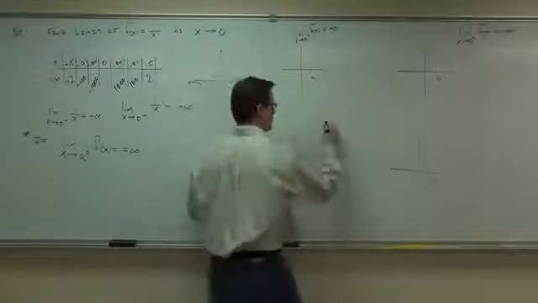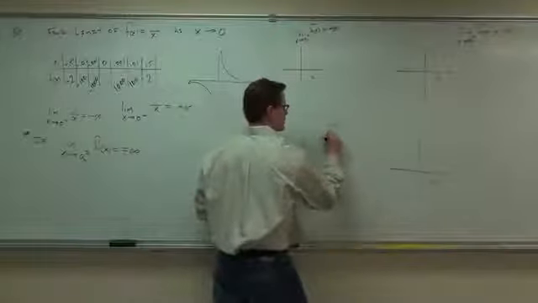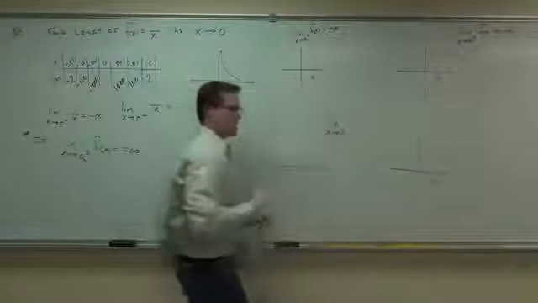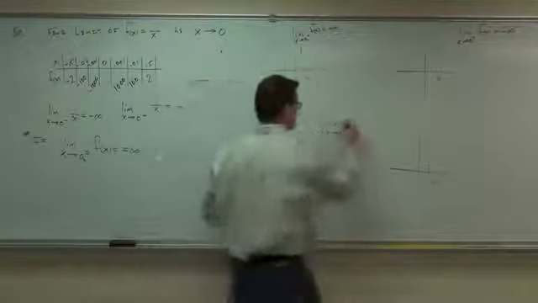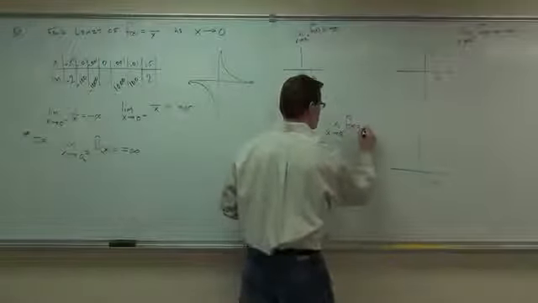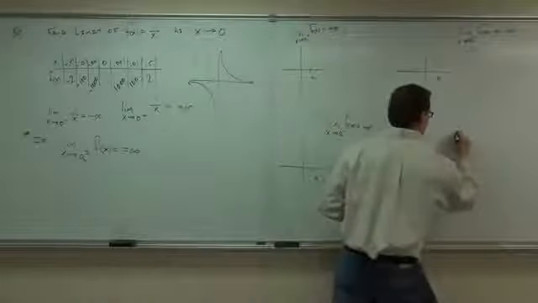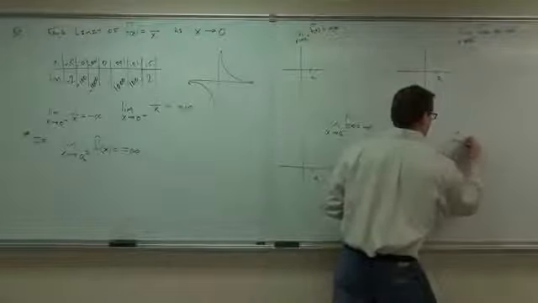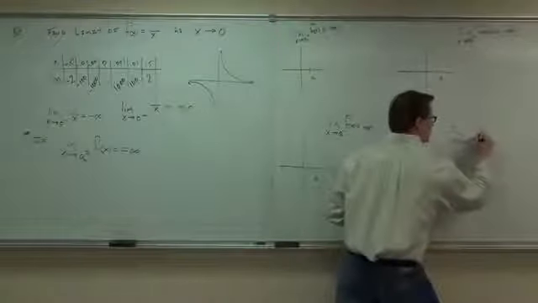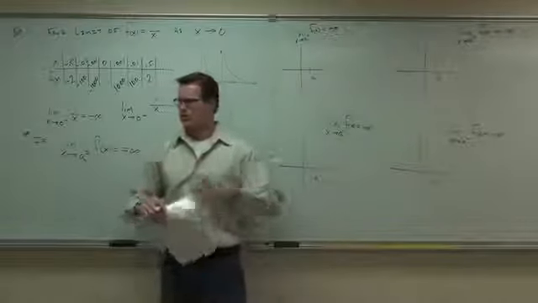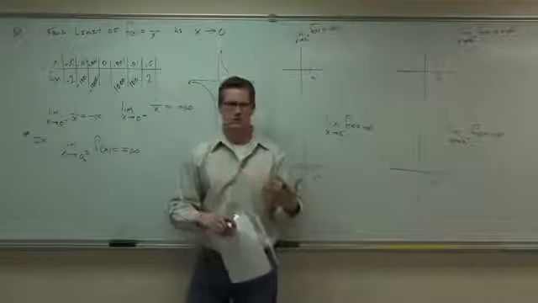Another case would be, what would happen if we went to A from the left and went to positive infinity? Or what would happen if we went to A from the left and it gave us negative infinity? Would you agree those are all 4 permutations, all 4 cases of this?